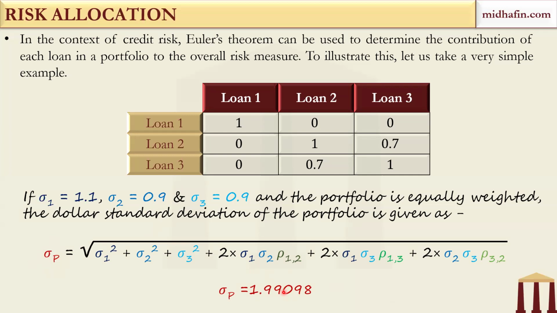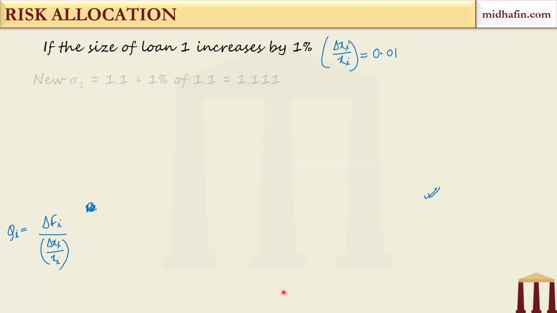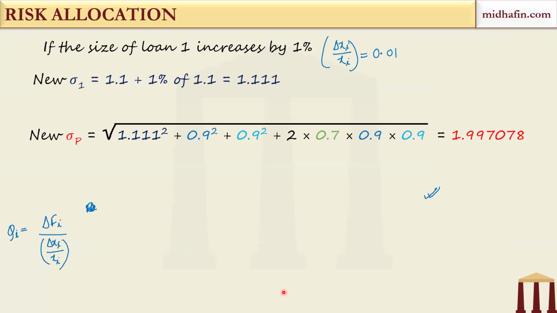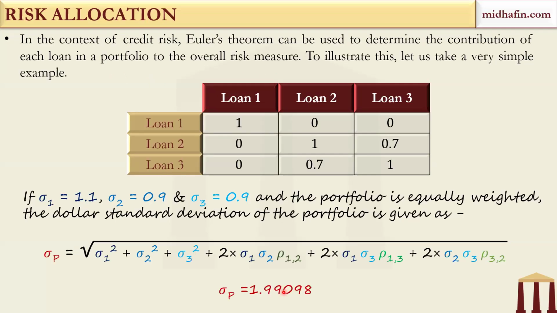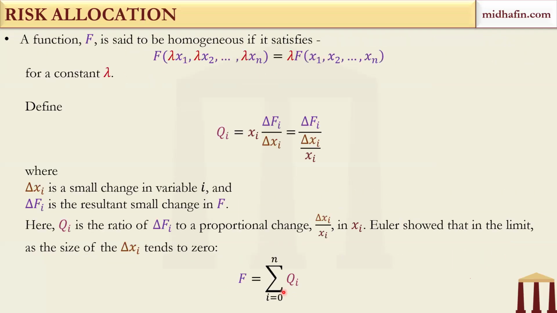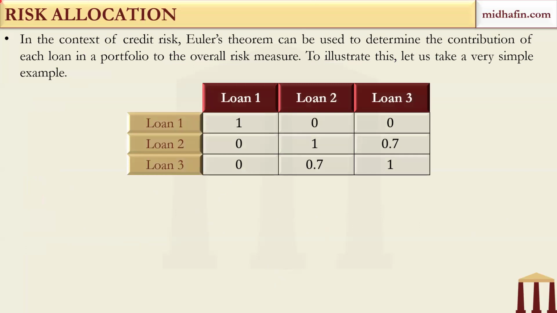We find the new standard deviation in every scenario, and the difference between the old and the new standard deviation gives delta fi. I divide it by the proportional change in xi to get my q1, which is the contribution of 1 to f. Clear now how Euler's theorem is applied?